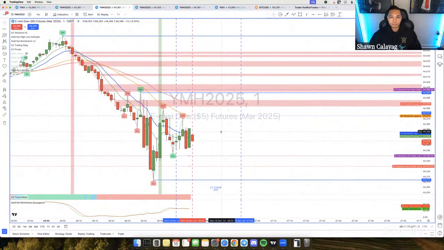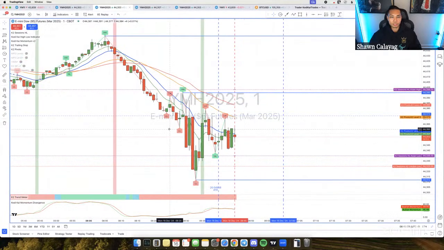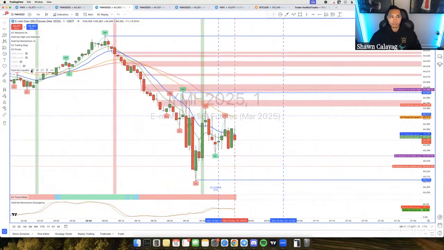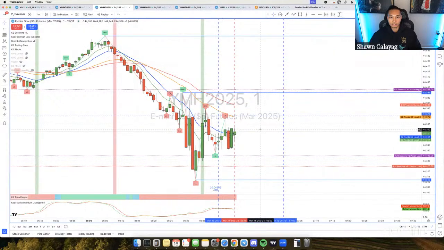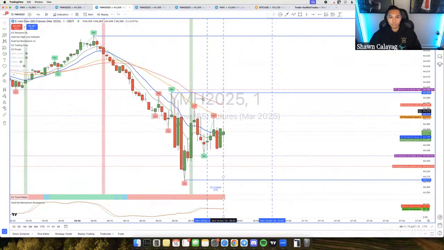So guys, if you guys are just joining into this live session, again, this is a new indicator that I put together. It's called the Kodi Kai liquidity. Basically, it plots liquidity on the chart for you. This is what it looks like without it, and this is what it looks like with it. It's a different way of identifying liquidity. It's more so like a trail of liquidity. So you can still mark it the original way. For example, you see how we have the higher high right here and the higher high up here.